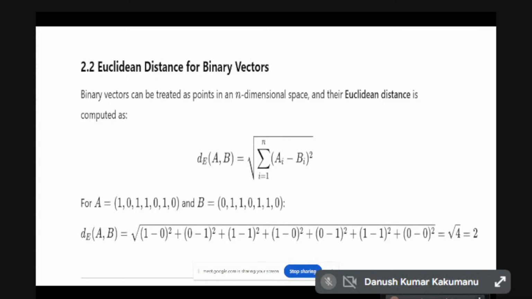But here we have only zeros and ones. That's why the formula is a minus b. Okay? Write down Euclidean distance for binary vectors.